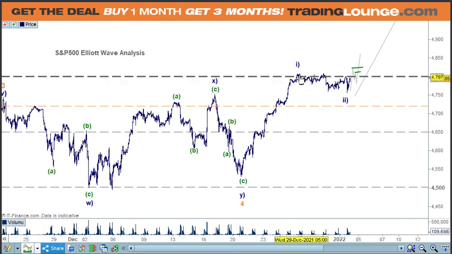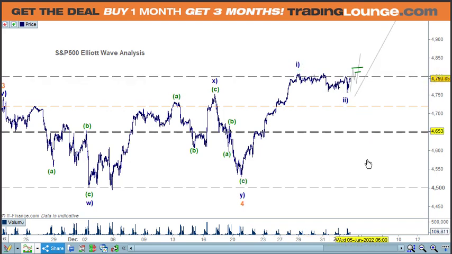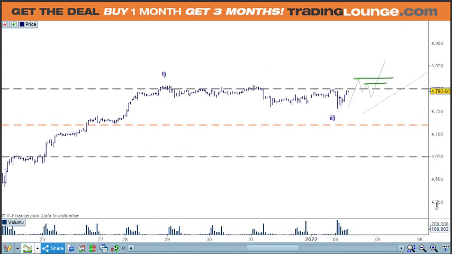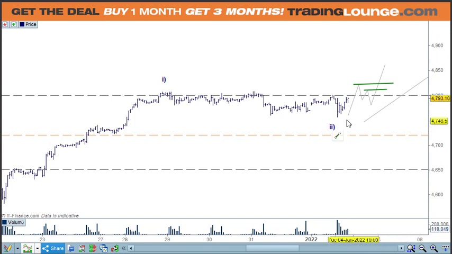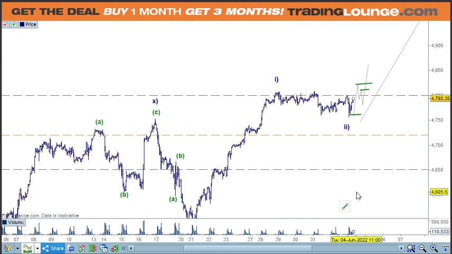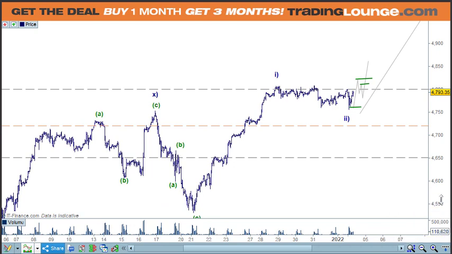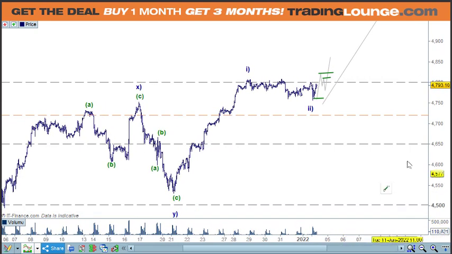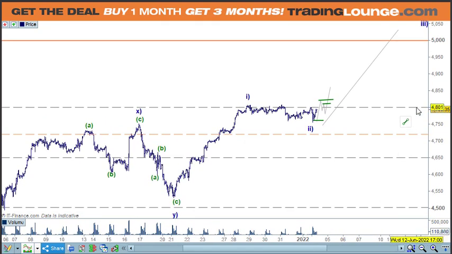Even though we were looking to go short here, and we can still do that, it just doesn't look like the case. We can go short under here. That's what I was looking for, but there we go, I was wrong. Now we need to be long, but no damage done, and we'll be looking once the 4,800 becomes the tested support, and all of this consolidation under the 800 here will be the support.